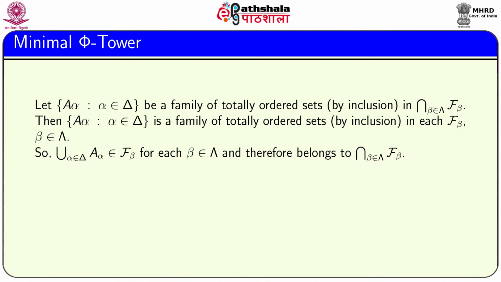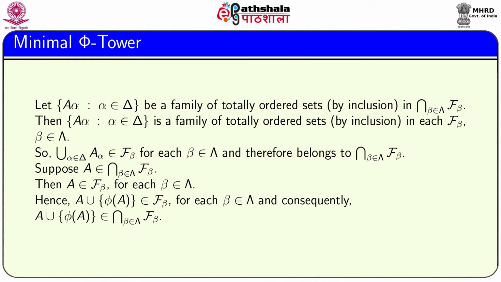If we take A alpha, a collection of totally ordered sets by inclusion in the intersection of F_B, then this collection A alphas is a collection of totally ordered sets by inclusion in each of these F_B's, and therefore, the union A alpha is inside F_B for each B belonging to lambda, and therefore, this union will be inside the intersection of F_B's.